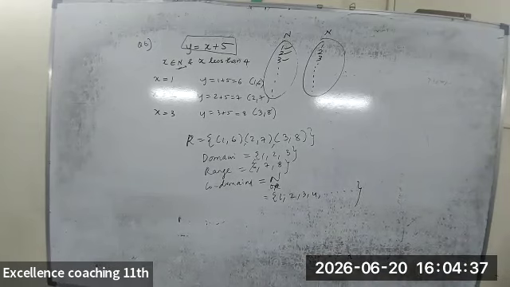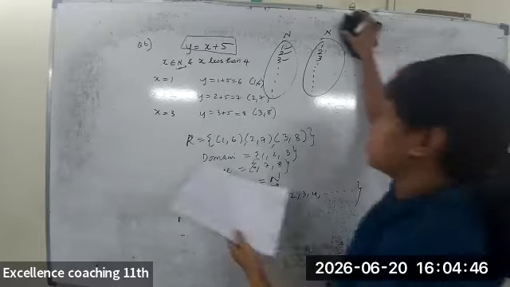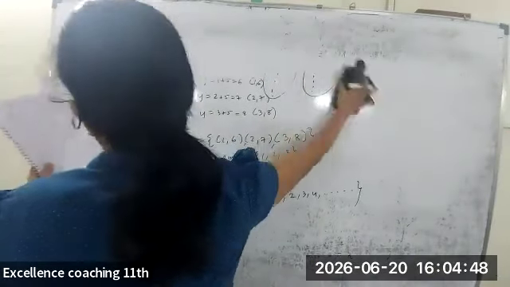So you can find a Cartesian product between A and B and take only those pairs where, if you subtract both the numbers, you get an odd number. Difference between X and Y should be odd.